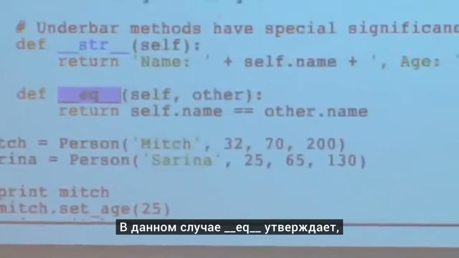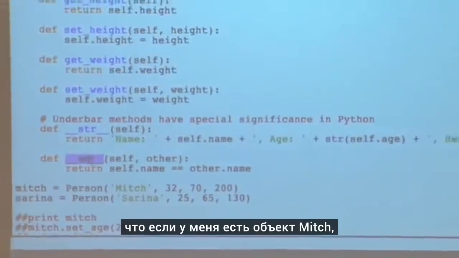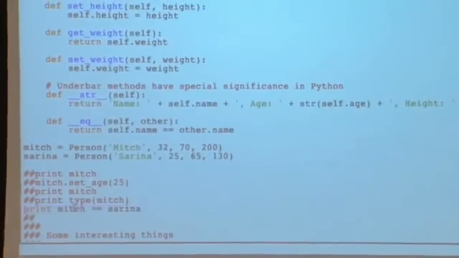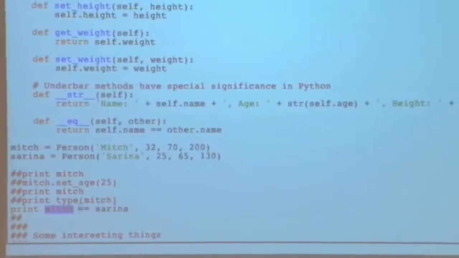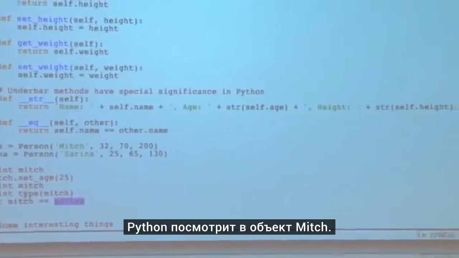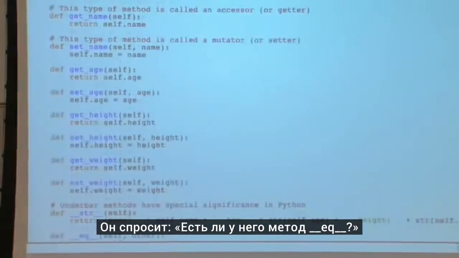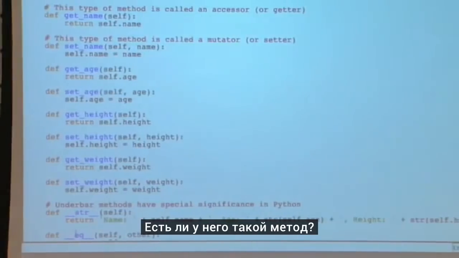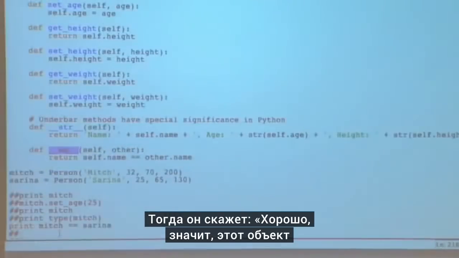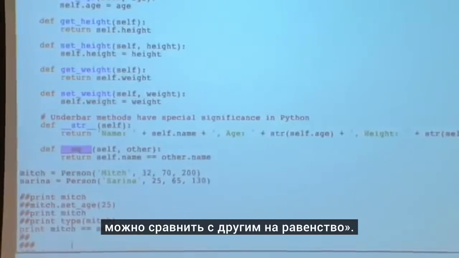So in this case, the underbar EQ underbar says that if I have an object, Mitch, and I have a double equal, and I have another object, Serena, it's going to look in the Mitch object, and it's going to say, does it have an EQ method? Does it have this method name? And in this case, it does. So it says, okay, this object is capable of comparing itself to another object for equality.